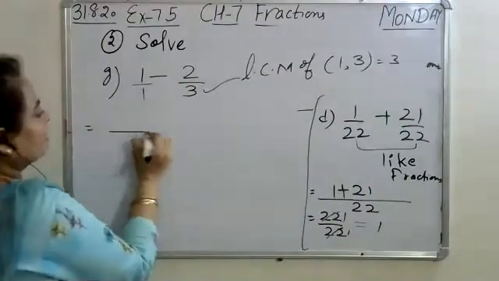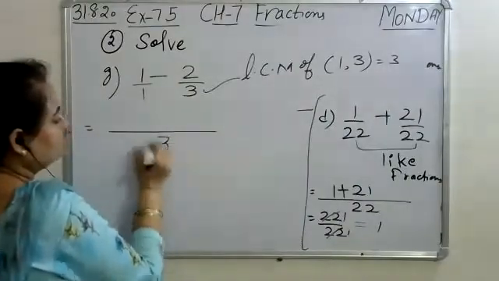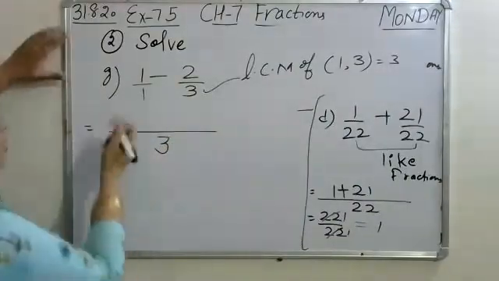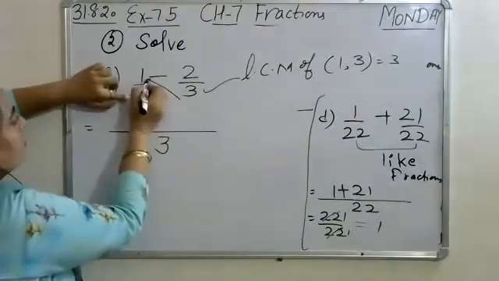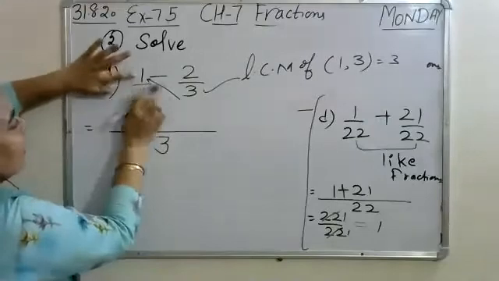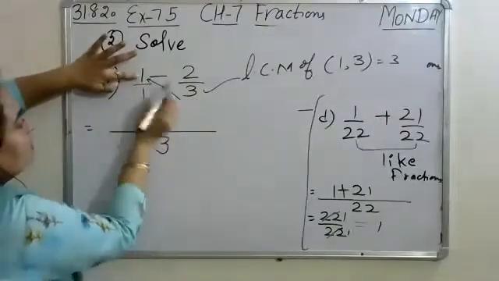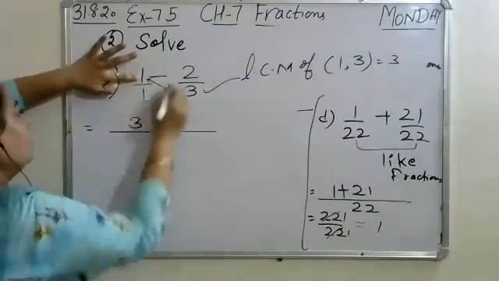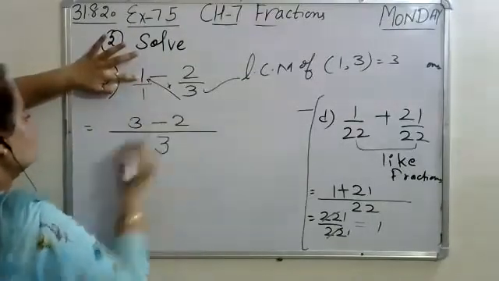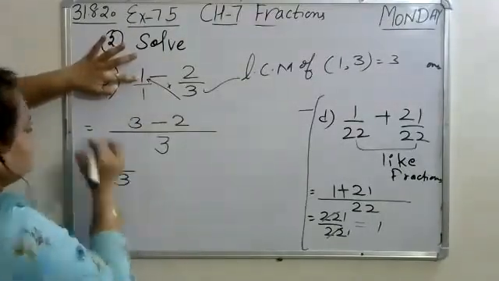So you will write here 3. Now like this, 1 multiplied by 3, 3 minus 2. So that is 1 by 3.